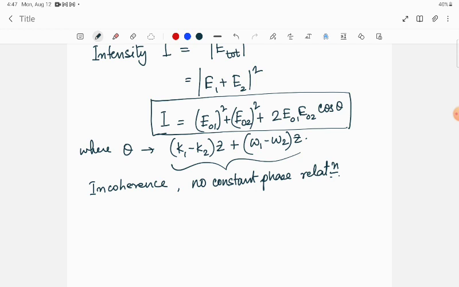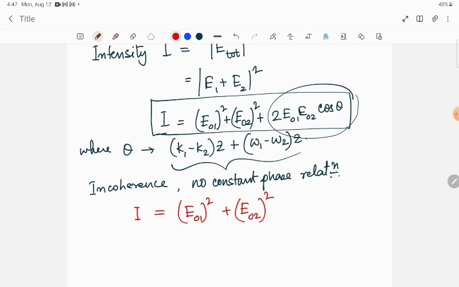If you do that, this term becomes 0, and in that case the intensity for incoherence becomes nothing but E01 square plus E02 square.